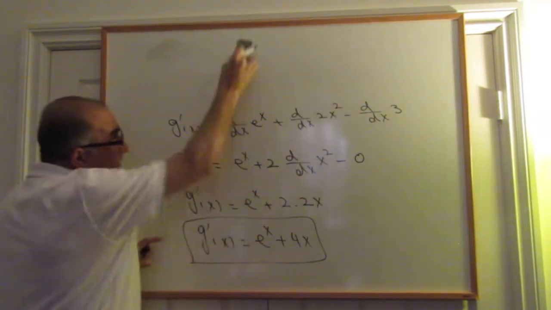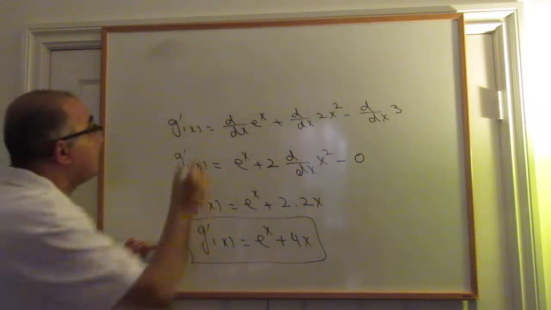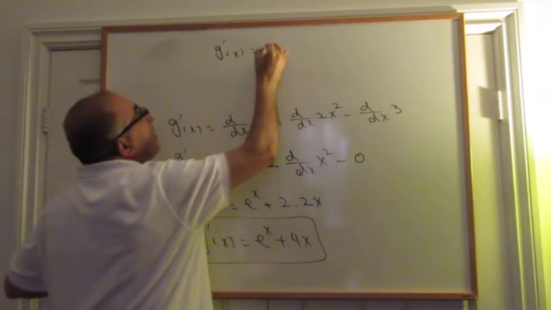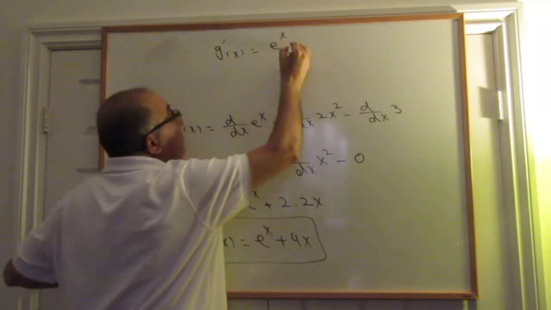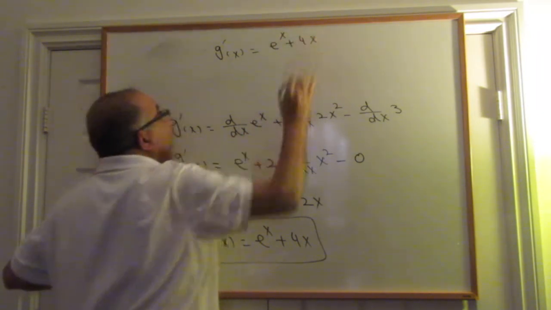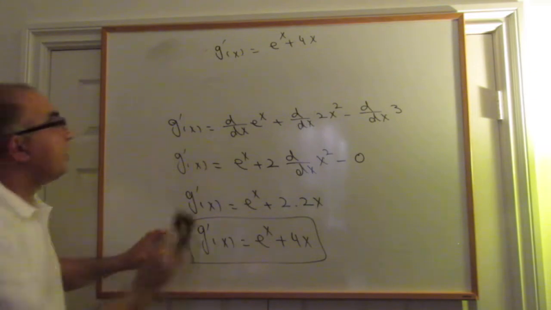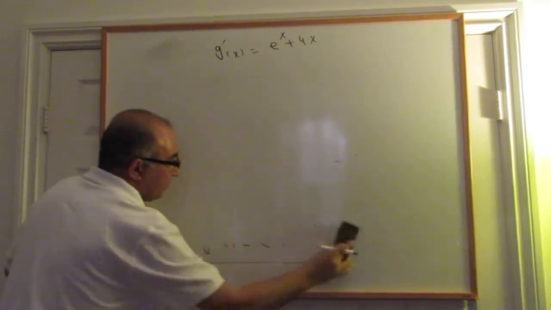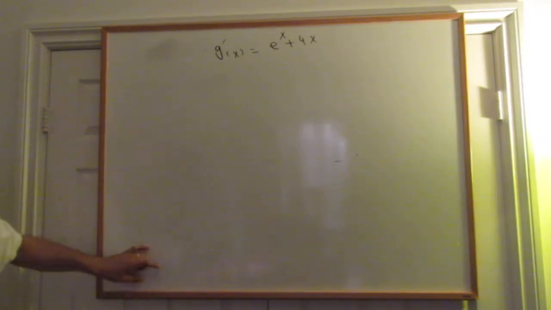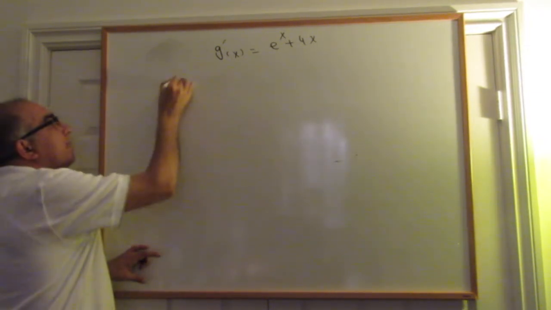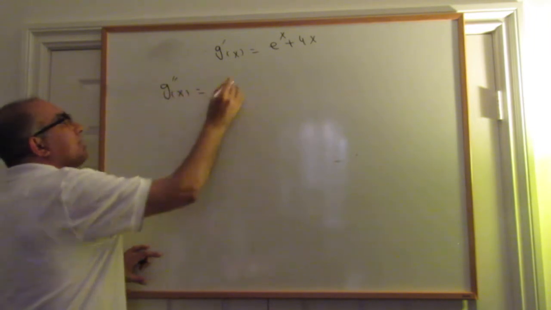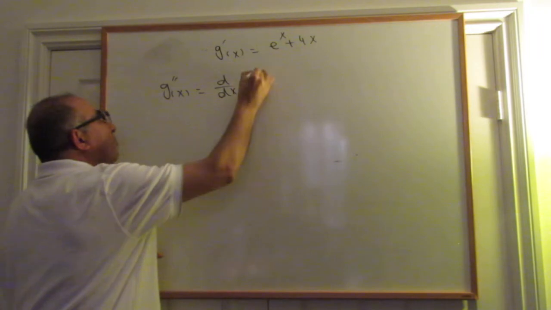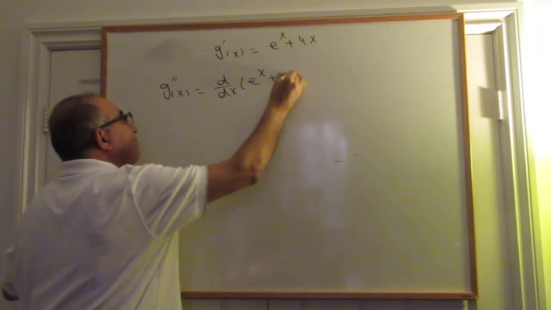I will write this answer here at the top. G prime x equals e to the x plus 4x. And now I am looking for g double prime x. Then g double prime x equals again d dx of e to the power of x plus 4x.